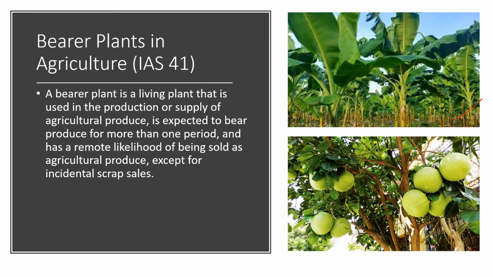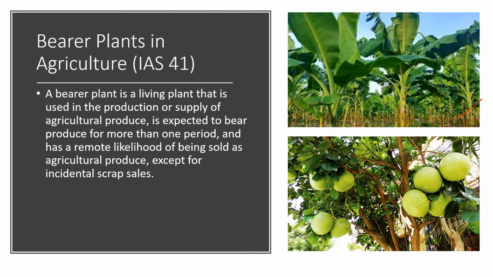So if you have this banana tree, the produce in the banana tree is the bananas. According to the standard, it is expected to bear produce for more than one period and has a remote likelihood of being sold as agricultural produce except for incidental scrap sales.